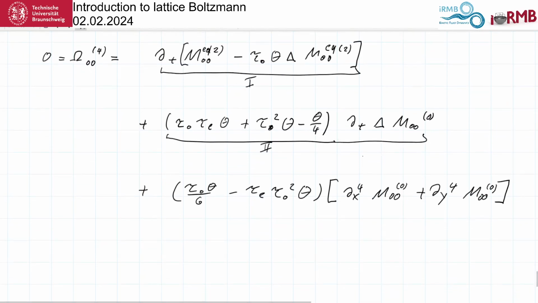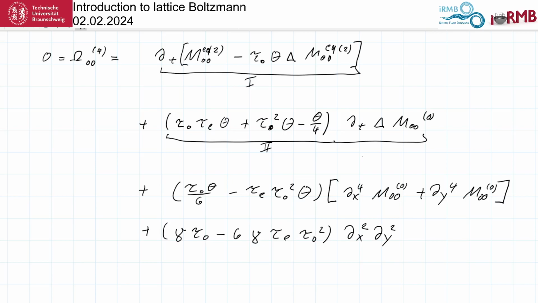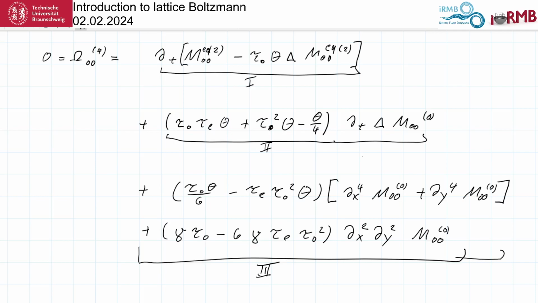And then we have a mixed term that is gamma. Gamma appears here, tau 0 minus 6, gamma t even, tau even and tau odd square, the x second derivative times dy second derivative. So it's a forced derivative, but a mixed forced derivative. And this goes into M00 to 0 order, which again is the original solution. And all of the rest here we'll call term number 3.